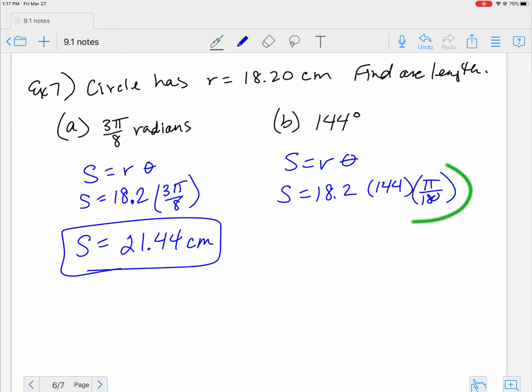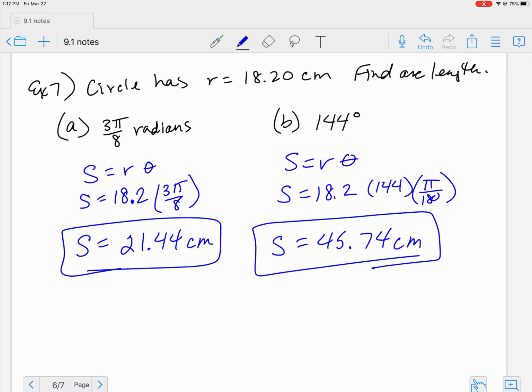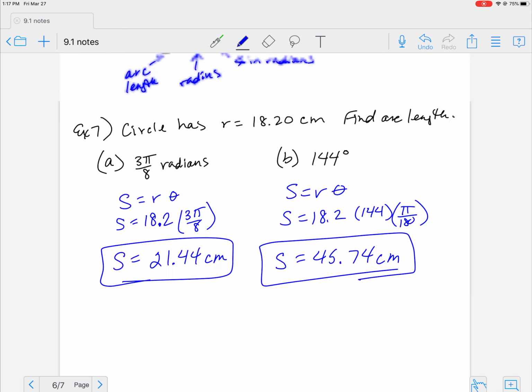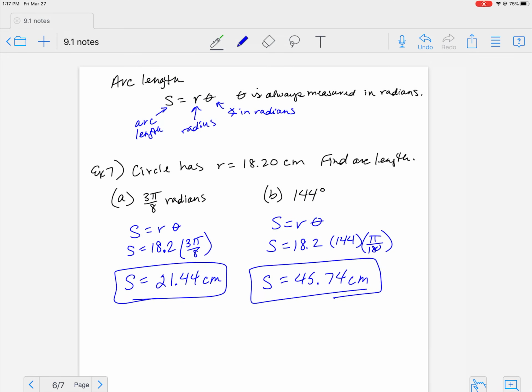You can convert it before, or you could just convert it at the time. I don't really care. It's all multiplied together. Plug all of that into your calculator, and you come up with 45.74 centimeters.